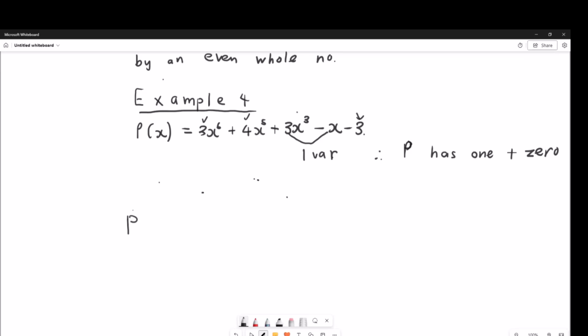We put a negative x wherever we see x, right? And we know what a negative to an even number is: it's positive. And to an odd number, it's negative. So there you can see 3 times minus x to the 6, which will just be positive.